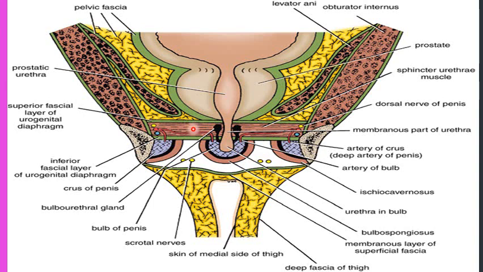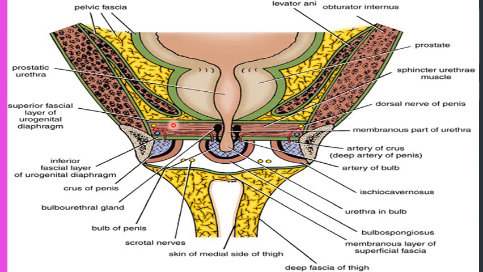So what are these spaces or pouches? They are just because of the arrangement of the superficial fascia and deep fascia of the perineum in the urogenital region, resulting in the formation of these two triangular spaces, the superficial perineal and deep perineal spaces or pouches.